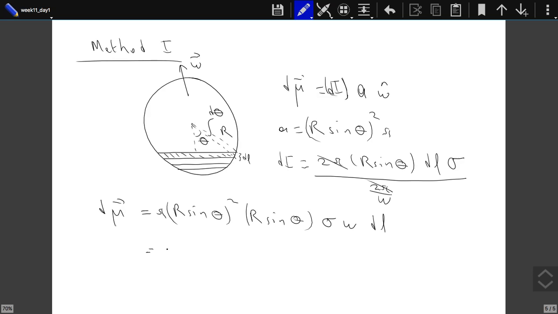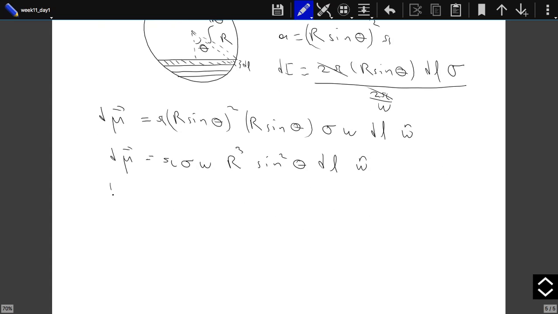Or pi sigma omega r cubed sine cubed theta times dl in the omega hat direction. Or I can also write this as d mu is equal to pi sigma r cubed sine cubed theta dl multiplied with the omega vector. So omega times the omega hat gives me the omega vector.